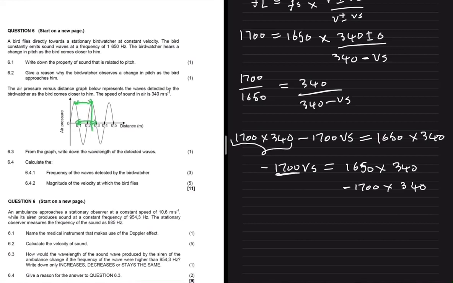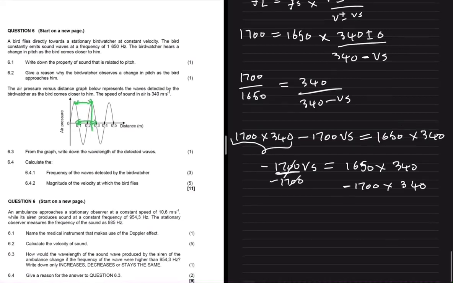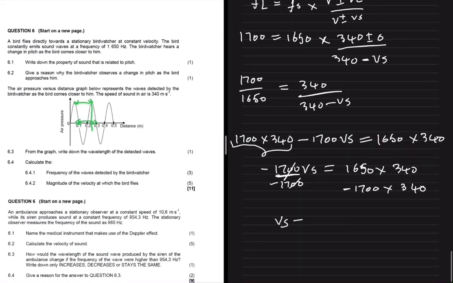So let me just write that down for clarity. So we're going to have VS equals 1650 multiplied by 340 minus 1700 multiplied by 340, everything divided by minus 1700. So that's it for this question.